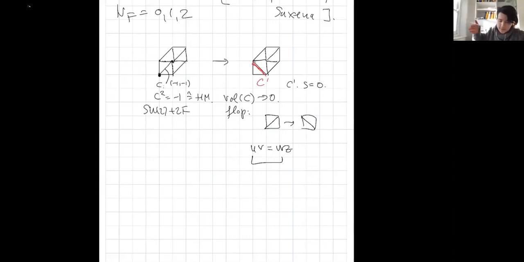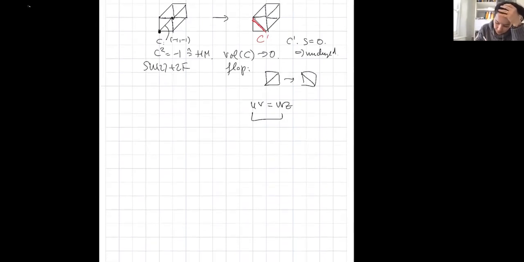It doesn't connect into S. So what used to be a curve that was hypermultiplet matter was charged under S. So C dot S is non-trivial, so just 1 or something for fundamental weight. Now that curve, once you do that flop transition, isn't charged under this SU2 Cartan, and so is uncharged.